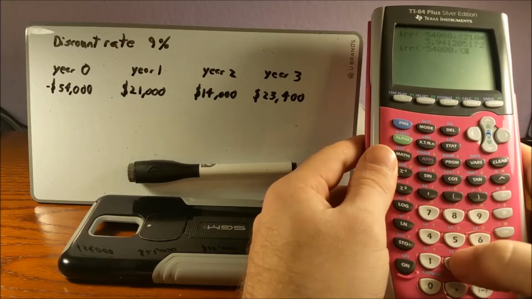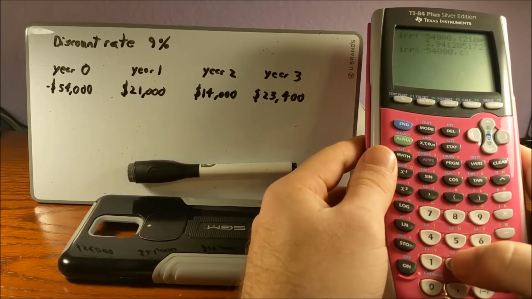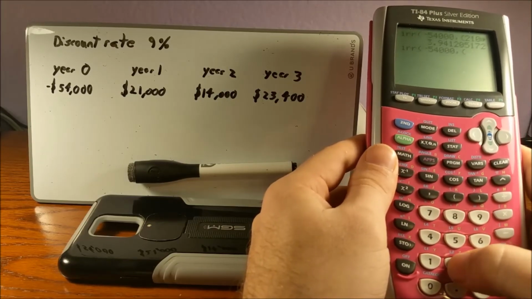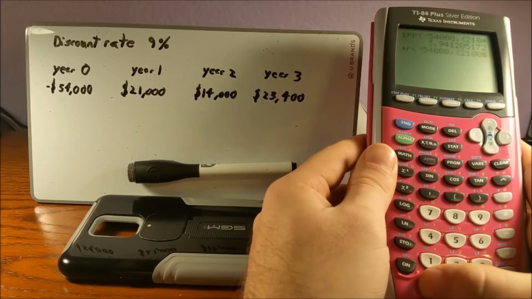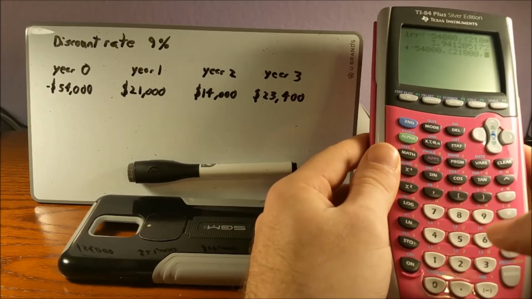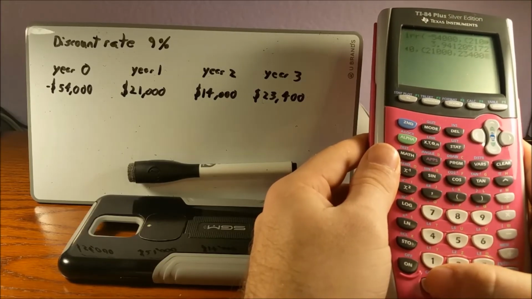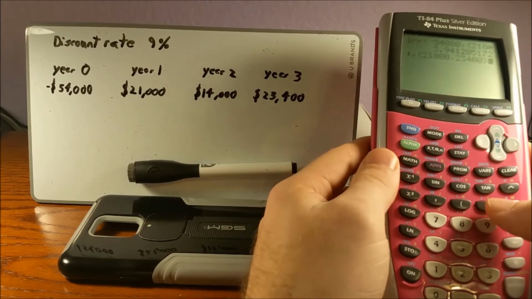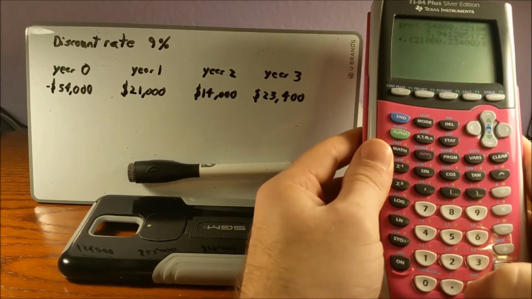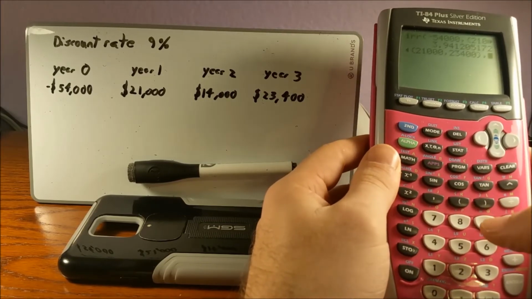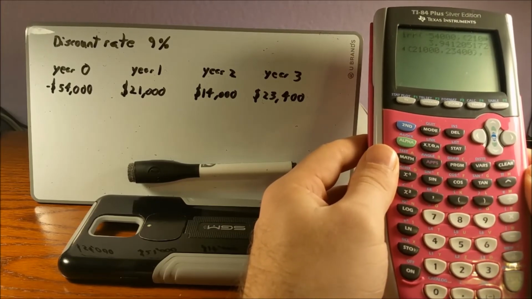Here's the fun part. We don't have to type in 21,000 2 times. Just put it in once, comma, 23,400 for that last year, and close our curly braces. Separate by a comma. So what do we do for the next brackets?